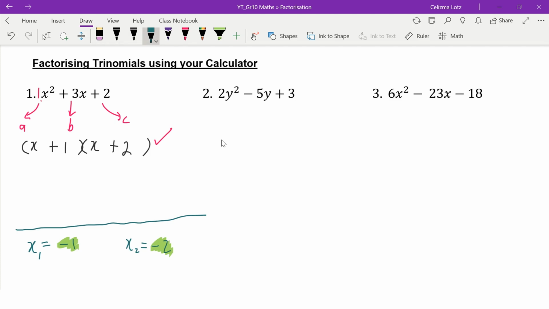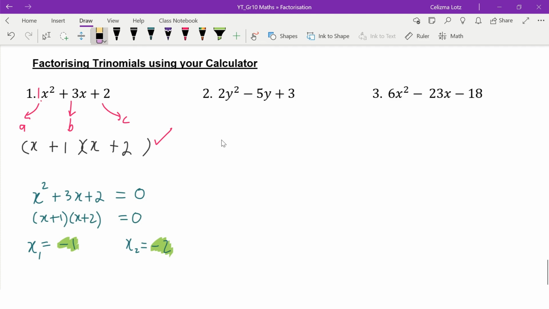Well, if we are solving equations, then it would be asked something like this. X squared plus 3x plus 2 is equal to 0. And then we would factorize it. X plus 1, x plus 2 equal to 0. And then we would say, okay, in this case, either the first bracket is equal to 0, or that second bracket must be equal to 0.